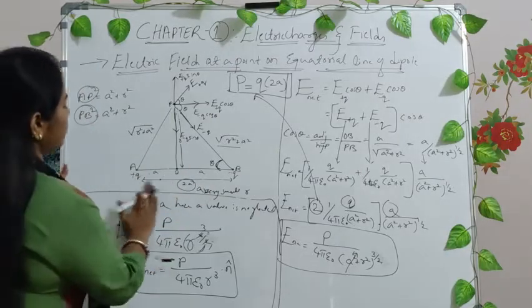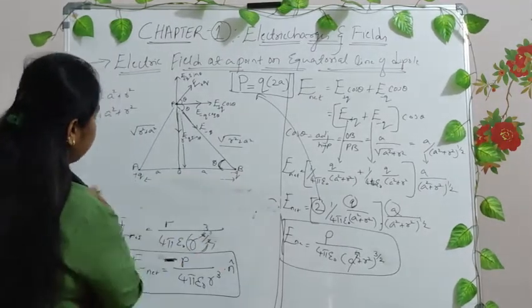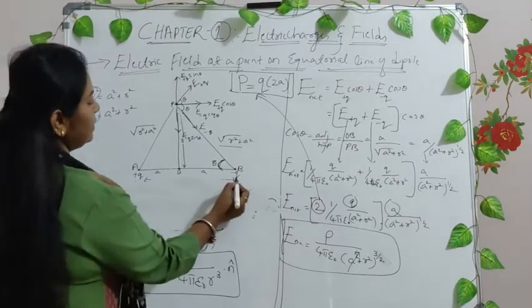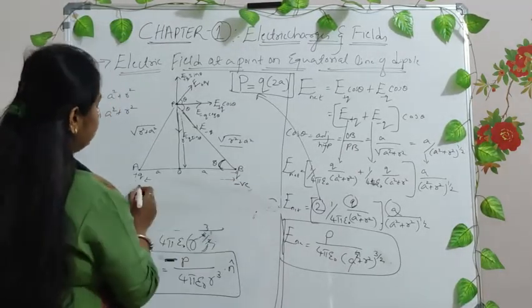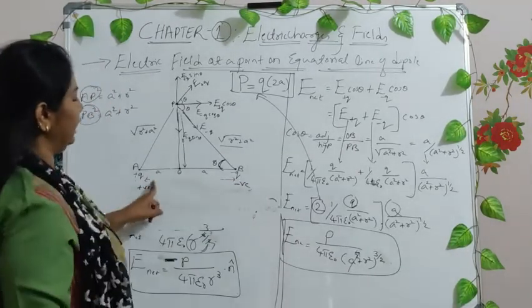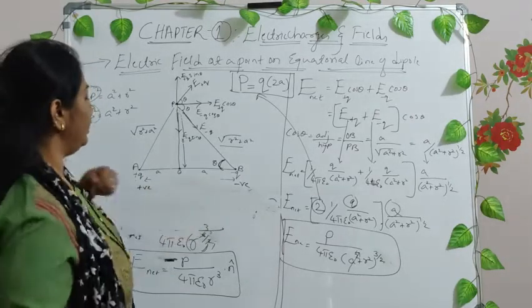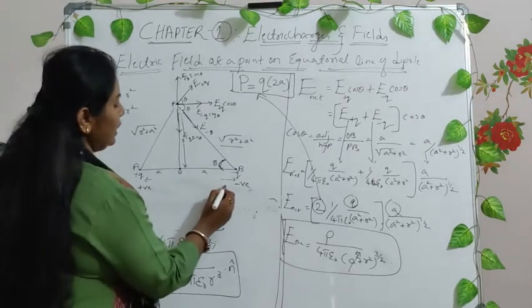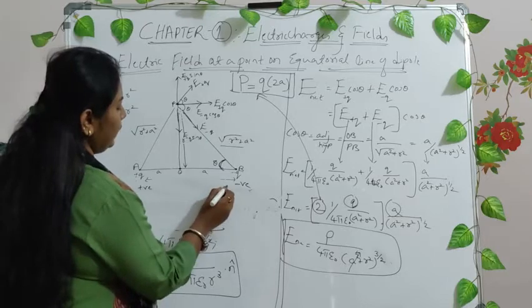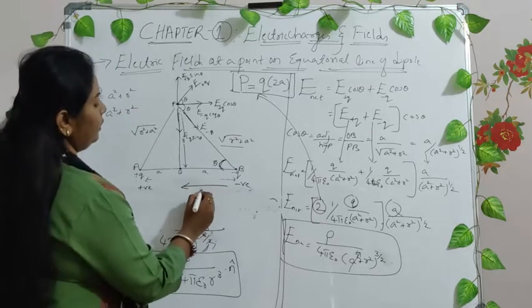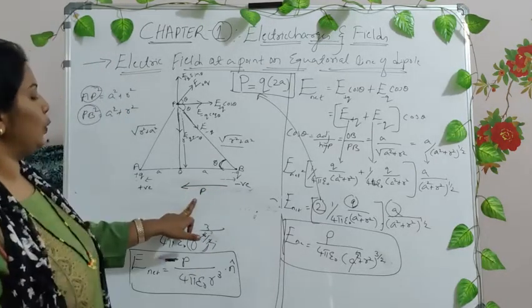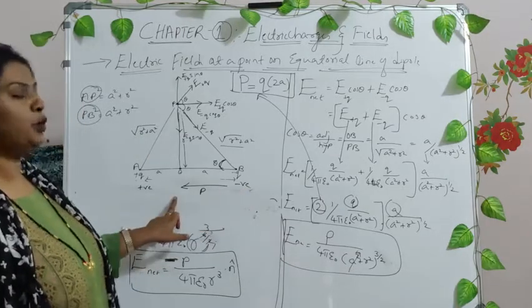You can check here, this is the negative charge and this is the positive charge. The dipole moment direction is always represented from negative to positive.